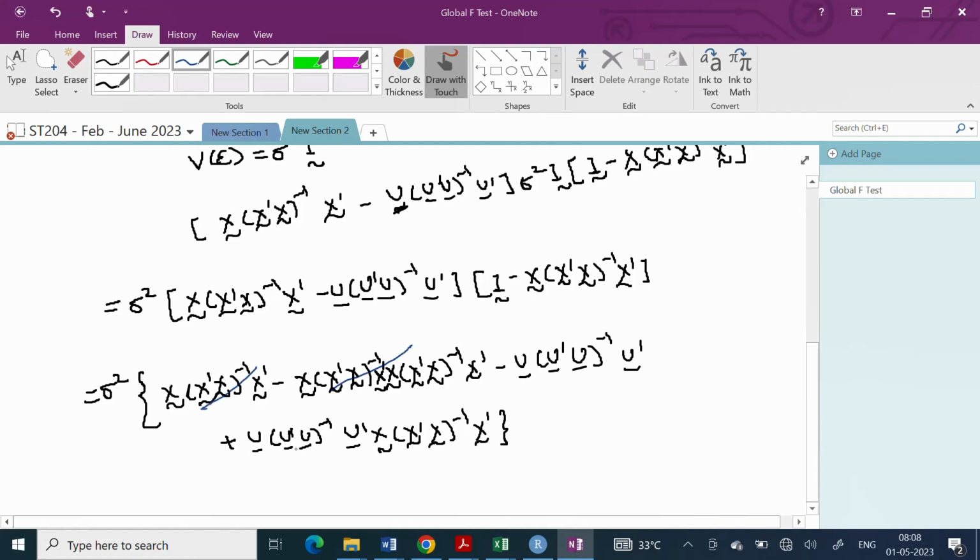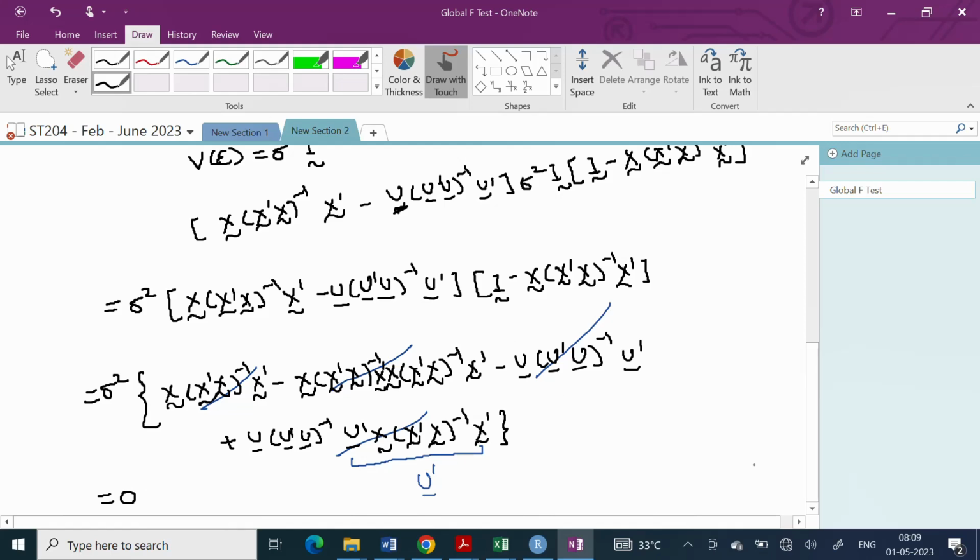And from the theory of partitioned matrices, when we were dealing with regression sum of squares, we had a result that u prime into X (X prime X) whole inverse X prime is nothing but u prime. We use this result, so this becomes u (u prime u) whole inverse u prime, and I already have u (u prime u) whole inverse u prime here. So this also gets cancelled with this, and hence I am left with 0.